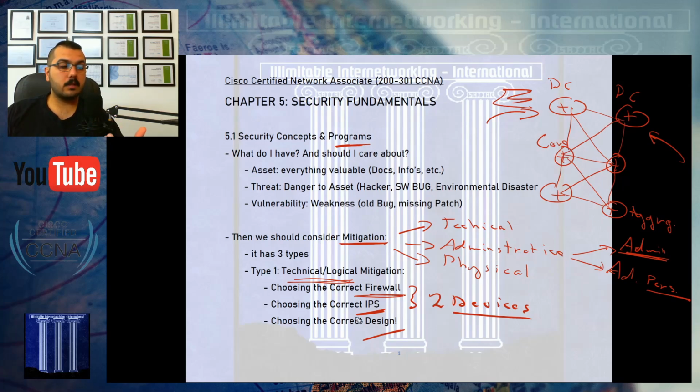Where the correct design is, is where to apply the firewalls that I've bought. You know that at minimum you will buy two firewalls because you have two paths to reach the internet or to reach the outside of the world. So at minimum I need two firewalls and two IPS. So what do some companies do? They buy the first type of firewall, and they will apply it here, just before the data center router.